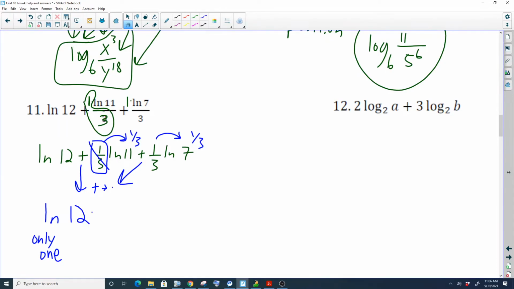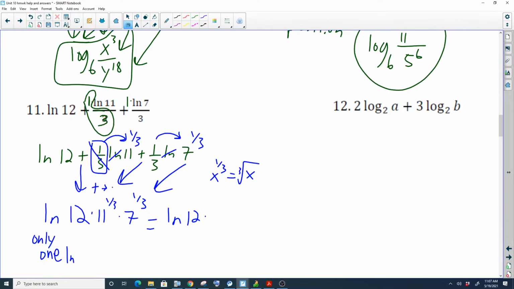ln of 12. So addition becomes multiplication. And so then instead of bringing down the ln, those go away now because we condensed to 1 ln, only 1 ln. So it's going to be ln of 12 times 11 to the 1/3 power times 7 to the 1/3 power, bringing it down. And it turns out the 1/3 power, you guys, is just the cube root.